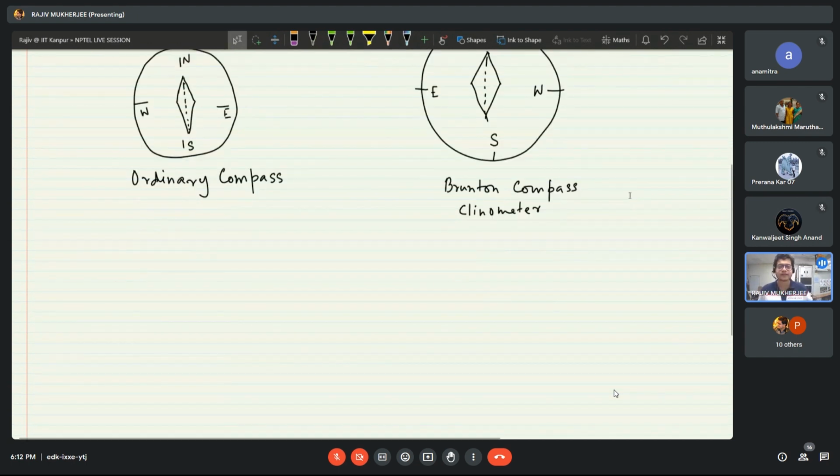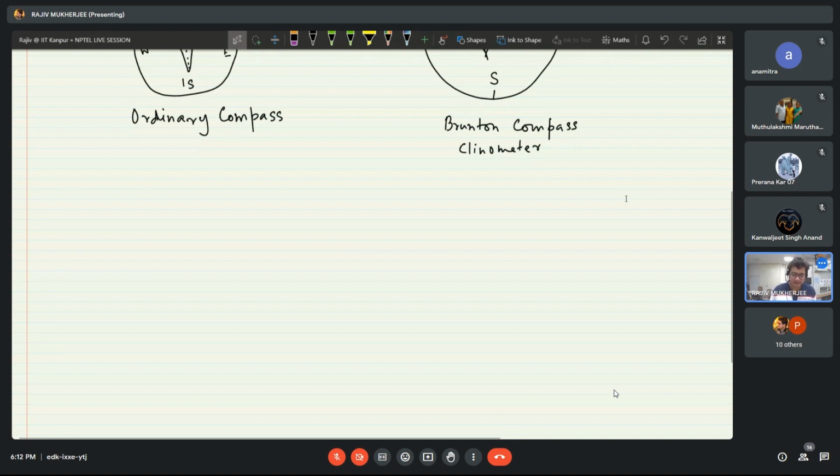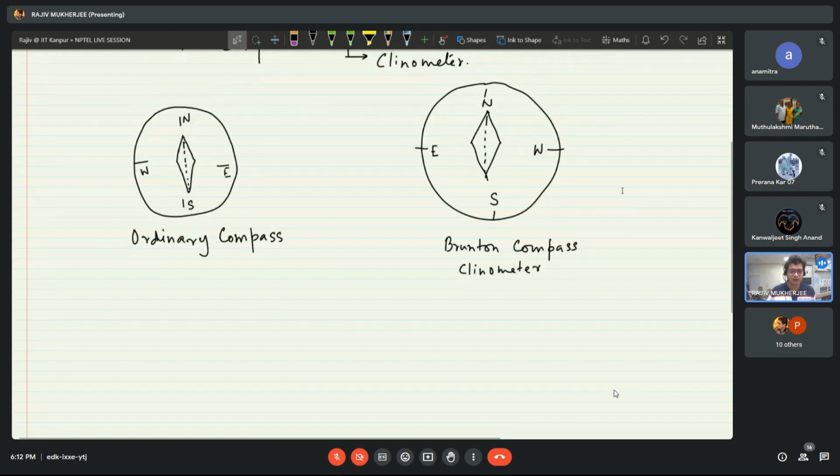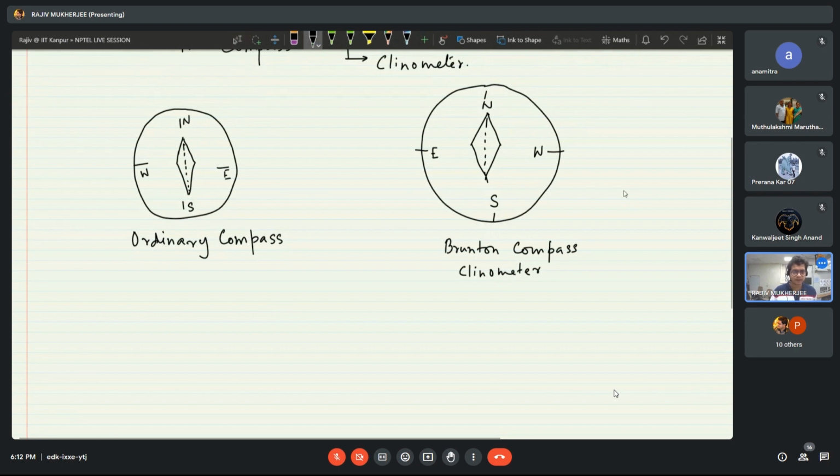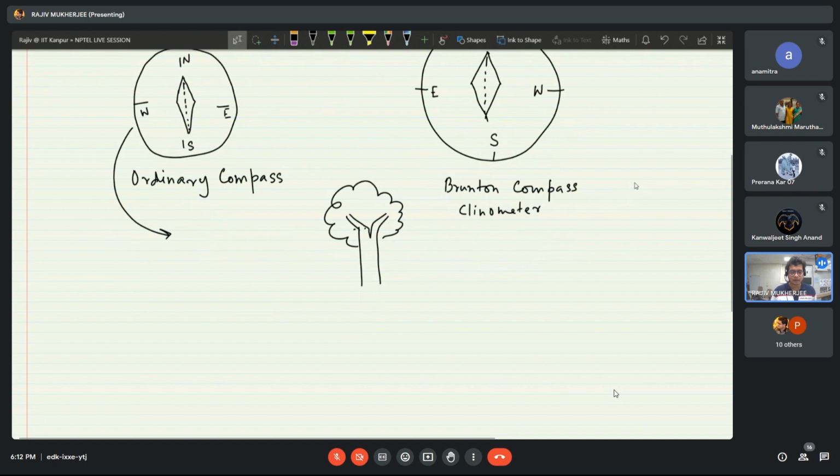So just to express in schematic drawing, say for example, I'm using this ordinary compass, right? Say I have a tree, and I have this compass here. Of course, this will be pointing towards north.